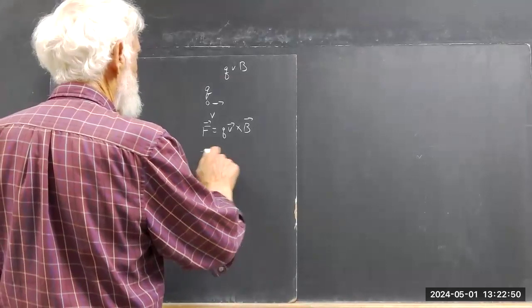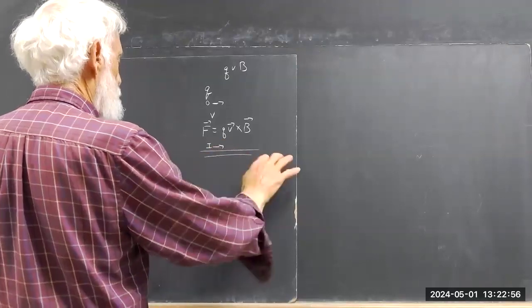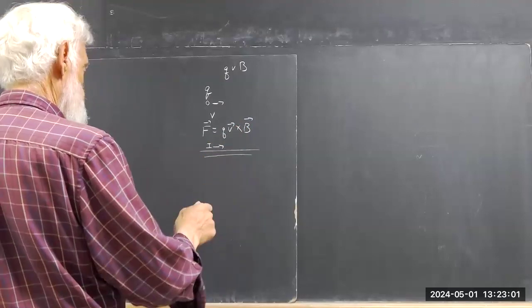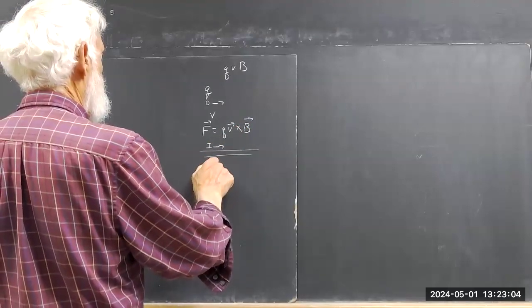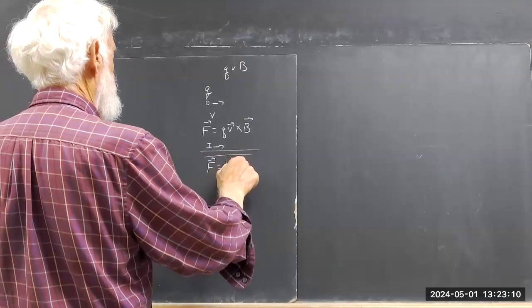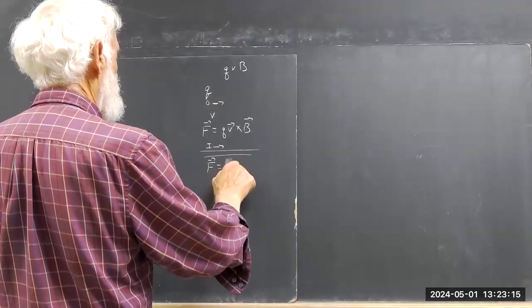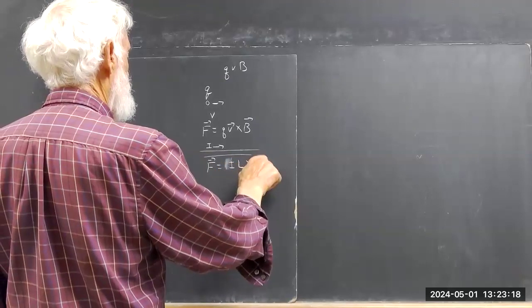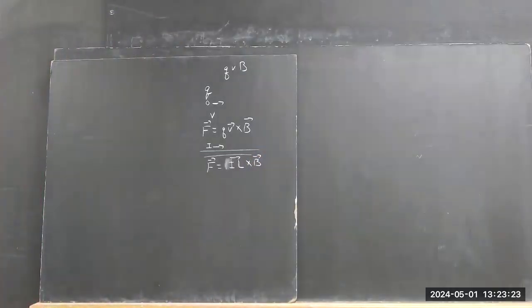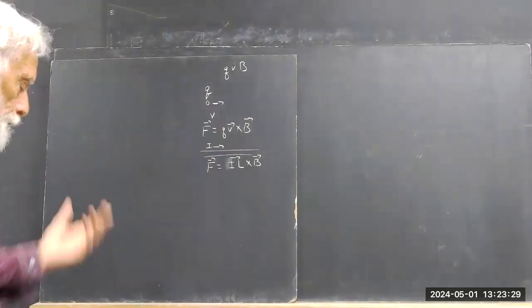If you have a current running through anything, and there's a magnetic field, force equals IL cross B. I put a K prime in there because that picture just evokes the next thing I'm going to talk about.